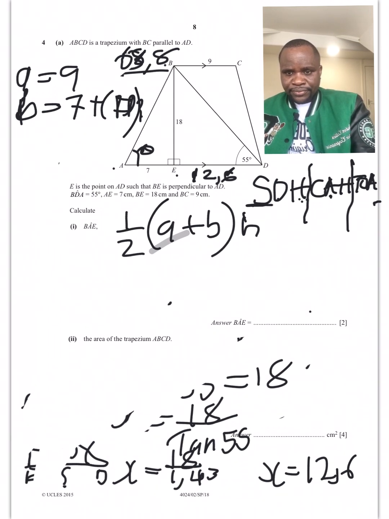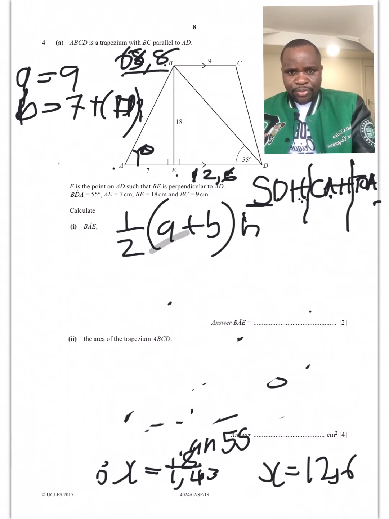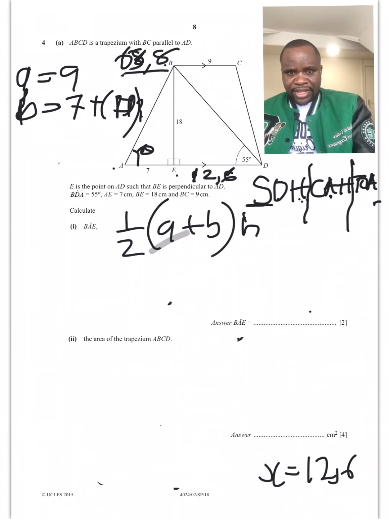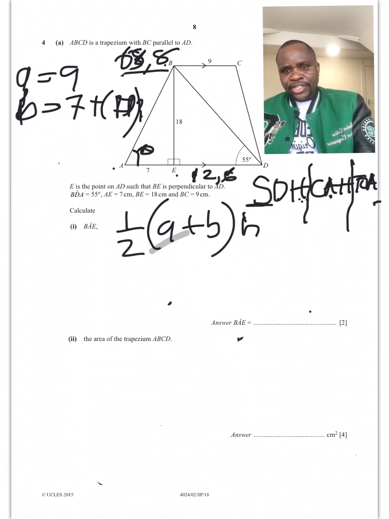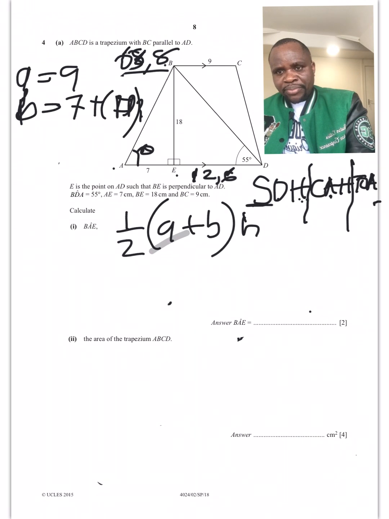So now we will have A and B, and the height is 18. What is our B?